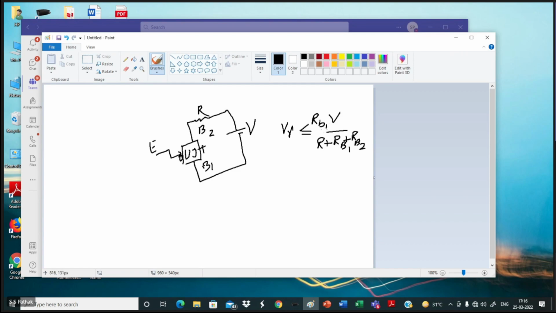Now, in some questions we will ask that UJT characteristic is given, when it is your V versus I. This is a characteristic given with respect to this V, and the same V, not a DC bias, is applied here.